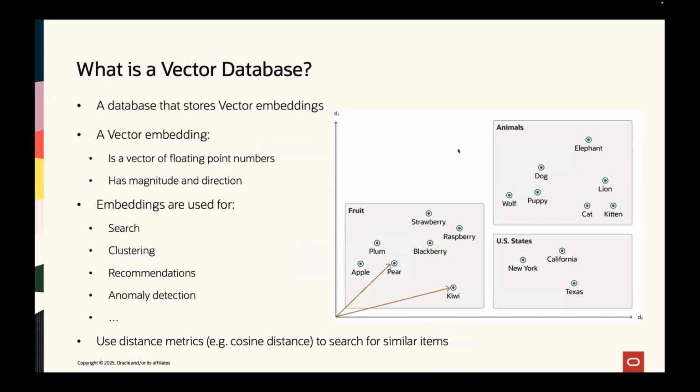Think of it as a coordinate, and it allows you to identify, for a particular token or word in this case, where it might fit into this diagram, right? So if you have something, let's say a pear, it might have these coordinates on this two-dimensional plane.